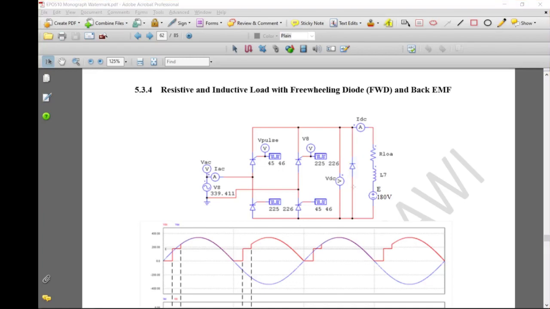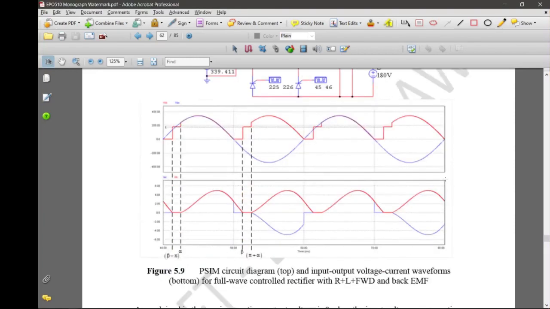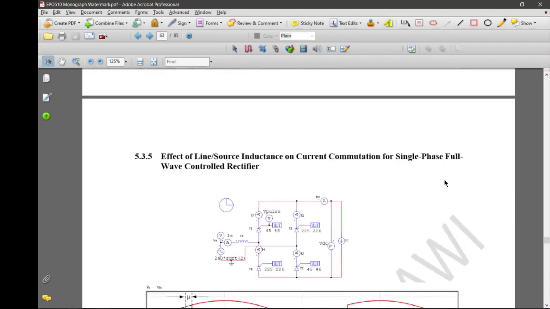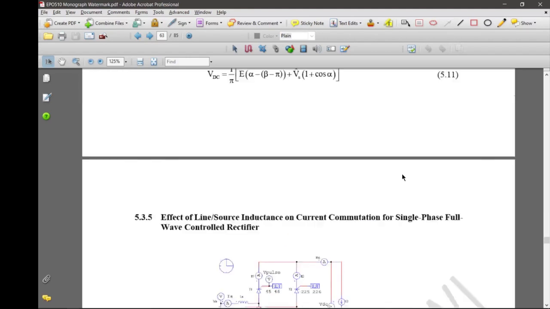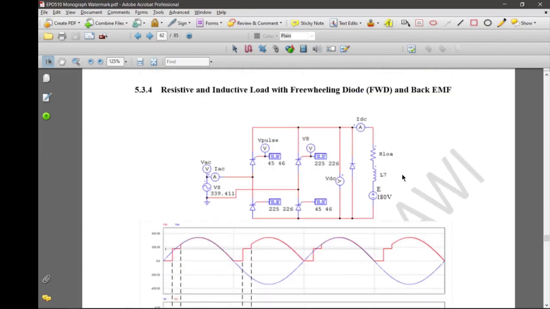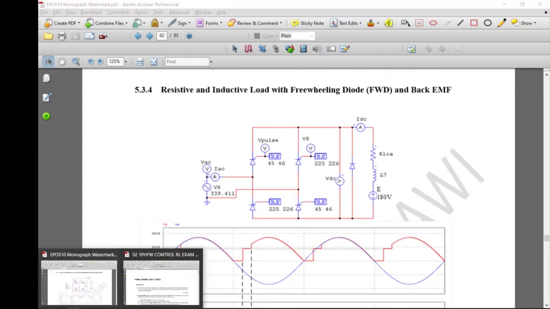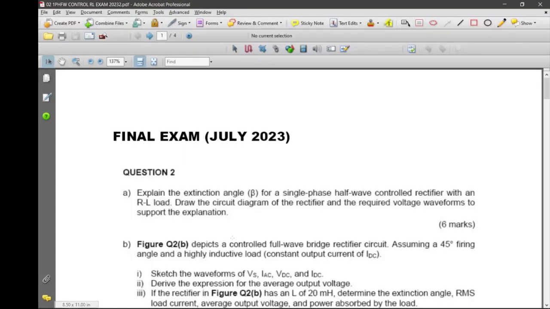Before we proceed to the next topic, which is on the effect of line source inductance on current commutation for single phase full wave control rectifier, I would like to go back to one of the examples that I've shared with you through the Padlet, but let's have a look together at the final exam.